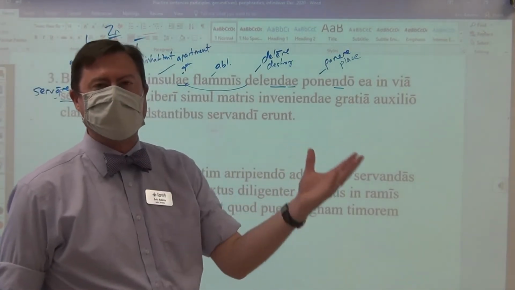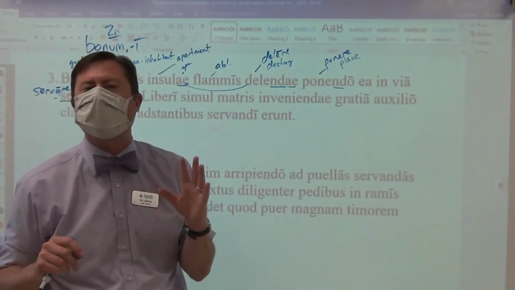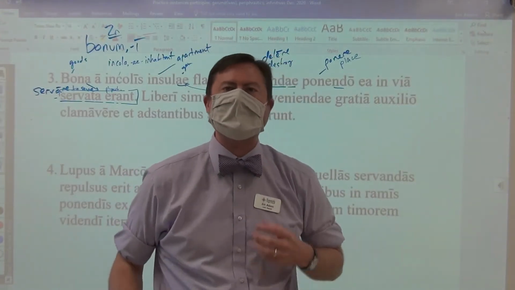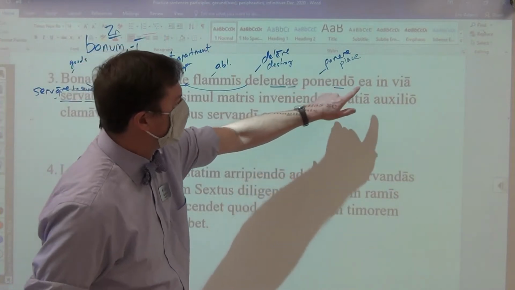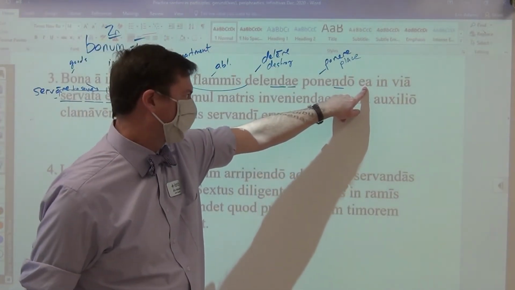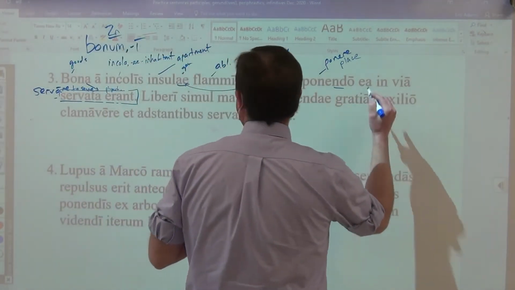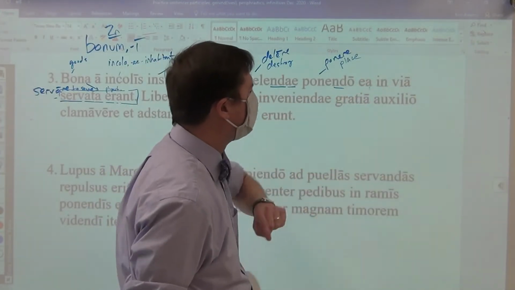Now remember, gerundives are passive and translated about to be verbed. Or if you would like, you leave out the about and just say to be verbed. But gerunds, on the other hand, is the act itself verbing. Ponendo, this is your accusative plural neuter object of ponendo, and it is referring to the bona. Ponendo ea in via.